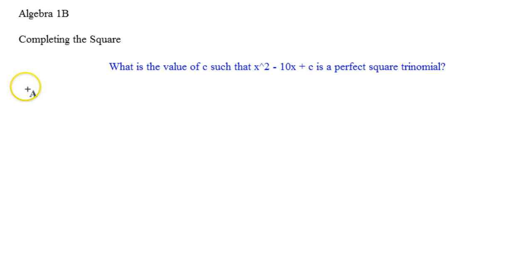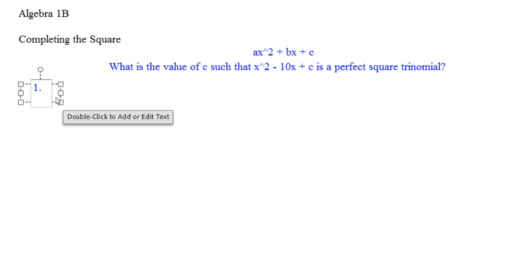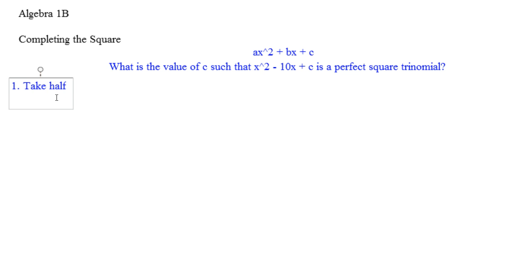So here are the steps that we're going to be working with. If you take a look at this, it is in the form ax squared plus bx plus c. So we're going to follow along with that pattern. We are going to take half of b and square it.